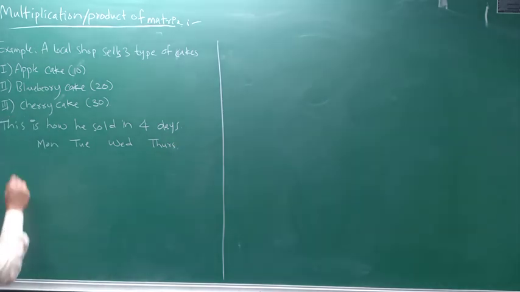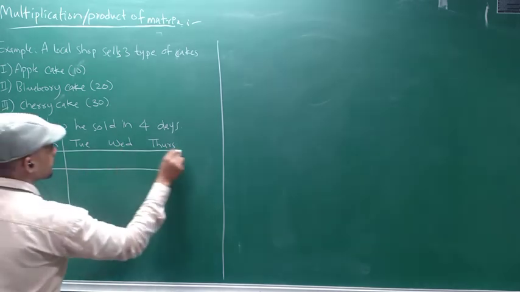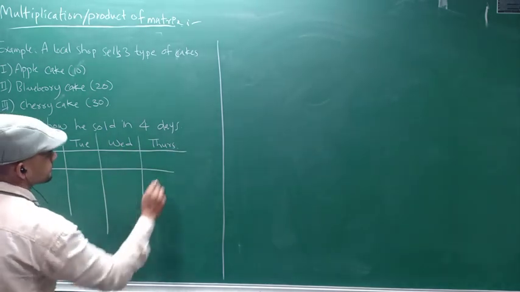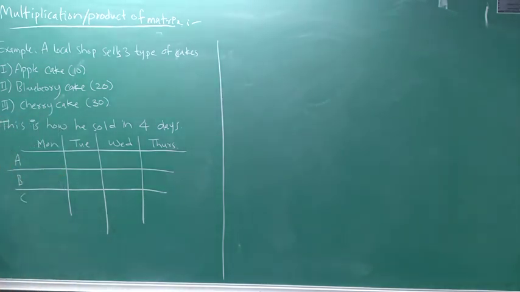Now A means apple cake, B means blueberry cake, C means cherry cake. Apple cake costs 10 rupees, blueberry 20 rupees, and cherry cake 30 rupees.